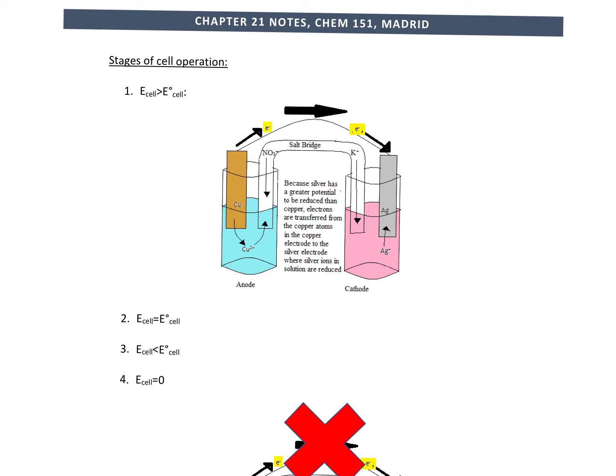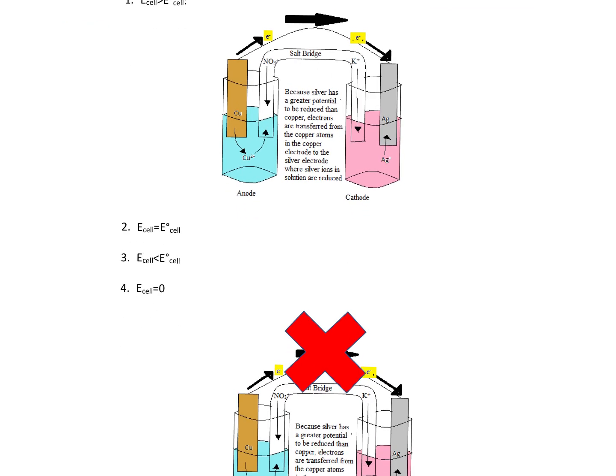Then as the battery continues to operate, you move to a place in which E cell is equal to E cell at standard state. This just means you're currently at standard state. When your E cell is less than E cell at standard state, you're losing spontaneity.